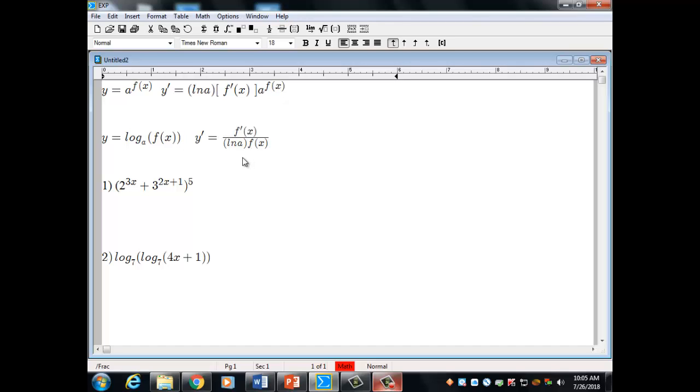Everybody recall that? So those are the two driving things that are going to take us to where we're going with this problem.